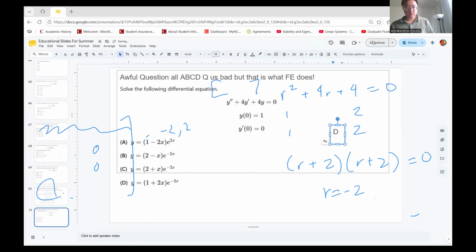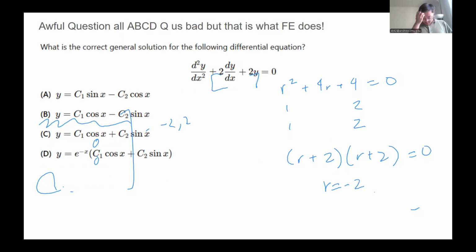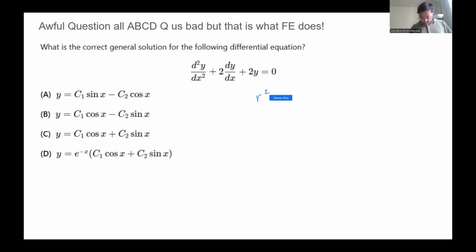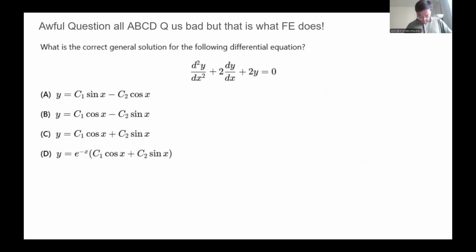Next thing over here is the next question, which is another differential equation, which has r squared plus, so -1, so that's imaginary, right? No, that's not right. Something's wrong. No, it's not a perfect square. It doesn't work. So what we have to do is minus b plus or minus square root of b squared minus 4ac.